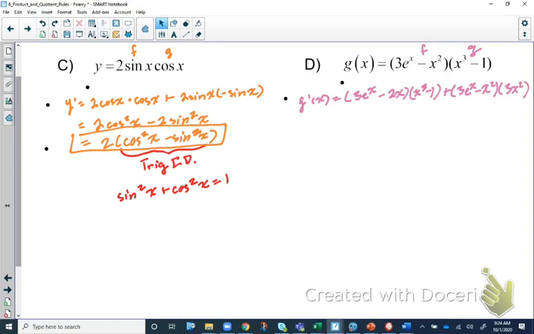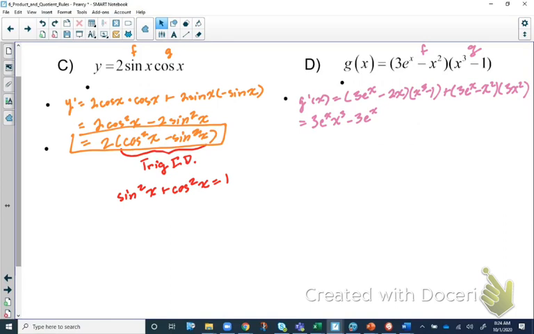So now let's go ahead and distribute and see, do we have any like terms? I'm going to move my equal sign a little to the left here because I think this is going to get a little long. All right, so let's see what we have. 3e to the x power times x cubed will give me 3e to the x power times x cubed. And then I'll get a minus 3e to the x power when I distribute it to the negative 1.